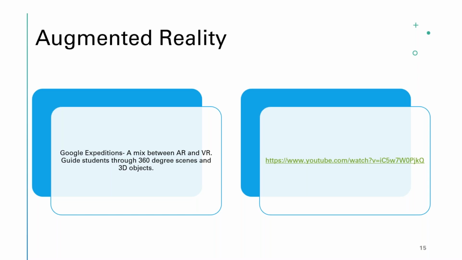The video that you'll have on your PowerPoint demonstrates students using the excitement and engagement about dinosaurs, a topic that they have enjoyed reading about forever, but really making it more interactive in 3D. So I'm sure you'll enjoy watching that video as well.